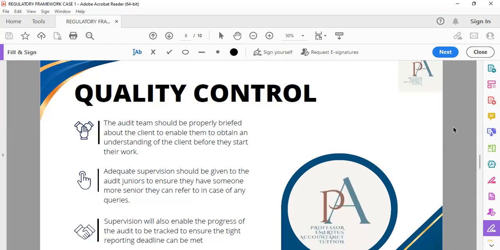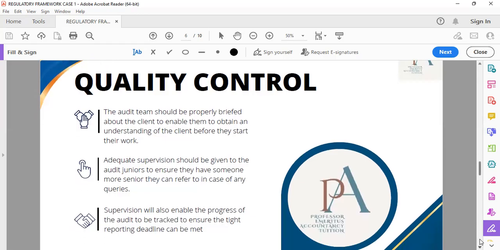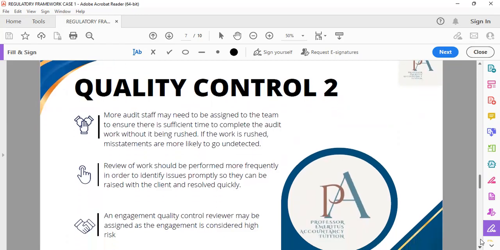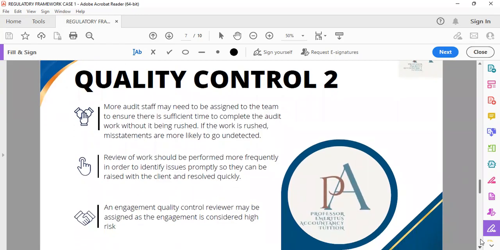So the supervision will also enable the progress of the audit team to be tracked, and any error will be quickly identified. So they can employ what we call an engagement quality reviewer, to be assigned to the audit.